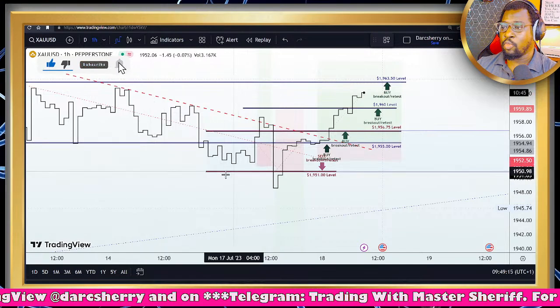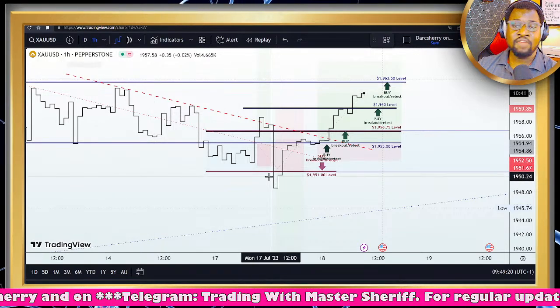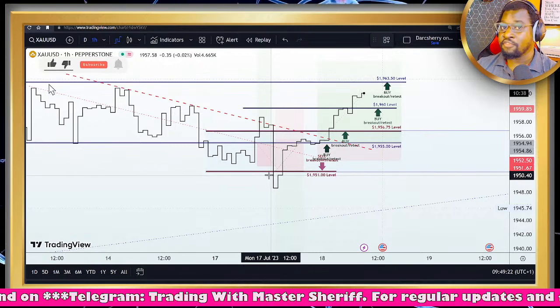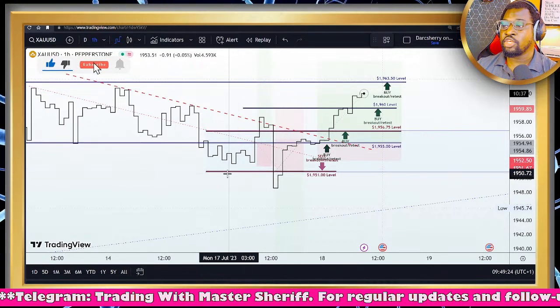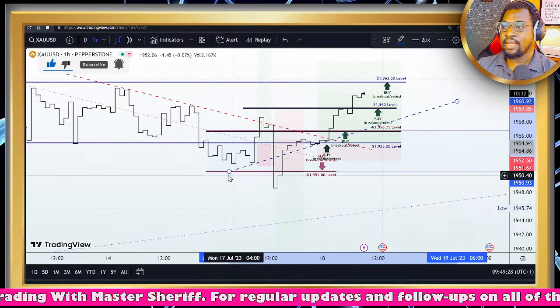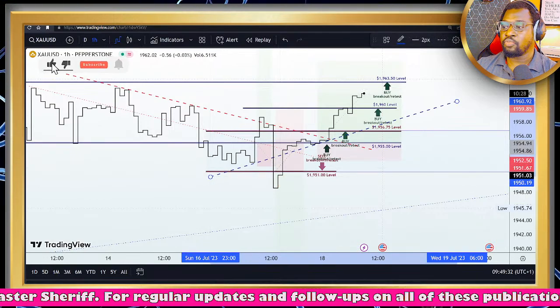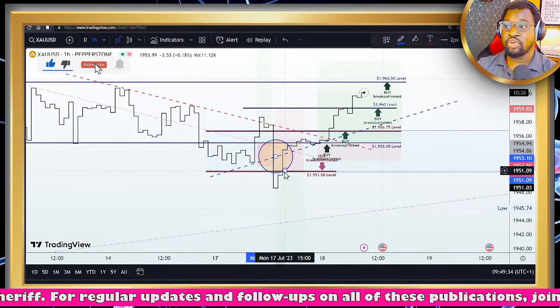The pivot lows here are not uniform, so we want to look for the uniform one. So we connect this one instead and consider this one to be a false breakdown of that trend line.